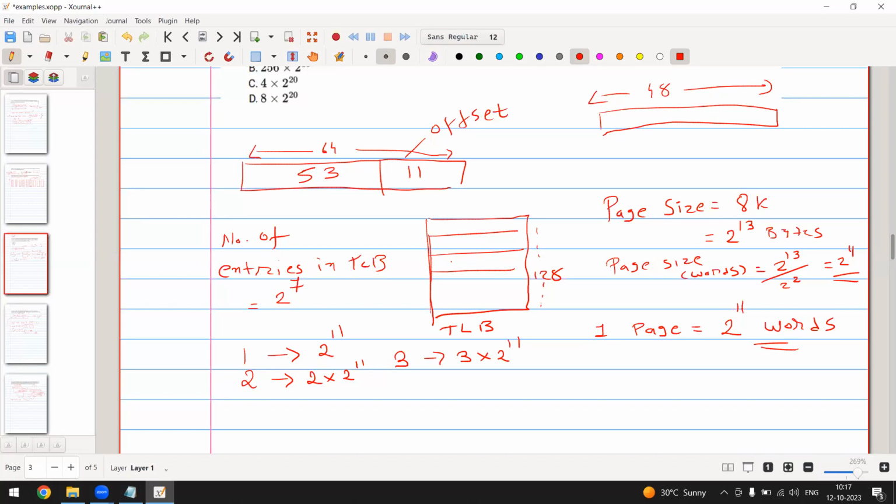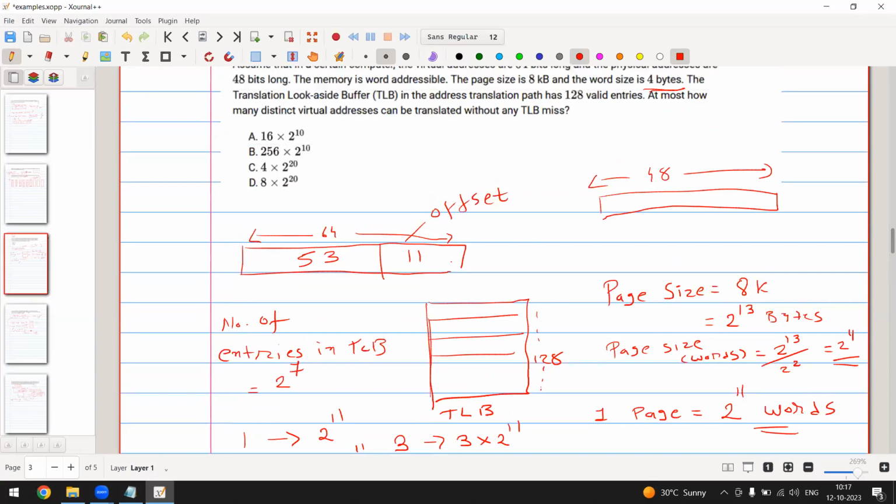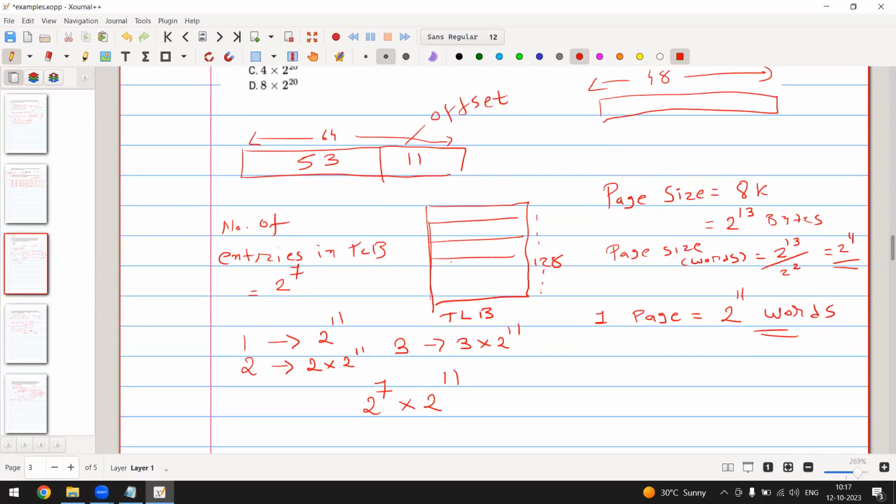In the best possible case, how many addresses can you find from the TLB? In the best case, you can find all 2 raised to 7 pages from the TLB, and for each page you can have 2 raised to 11 addresses. So this many addresses you can form from the TLB.